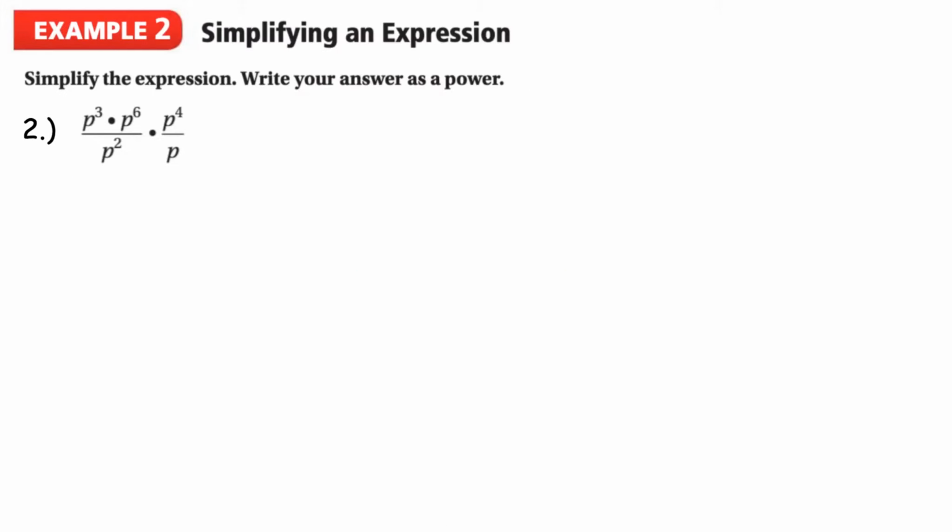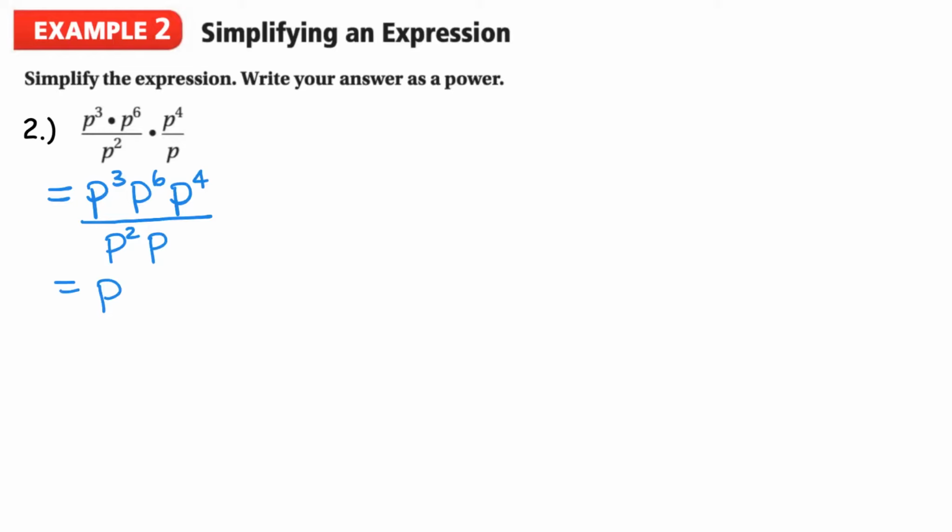All right, so looking at our second one here, we've got these two fractions that are being multiplied with each other. So we could multiply the numerators, so we get p to the power of 3 times p to the power of 6 times p to the power of 4, and then we can divide that by p squared times p. Now we're multiplying everything with the same base, so we can add those exponents.